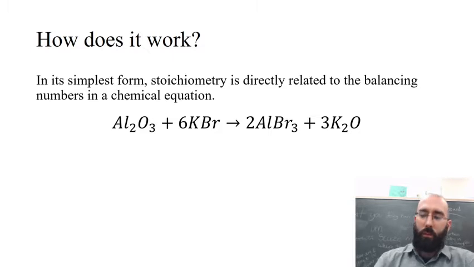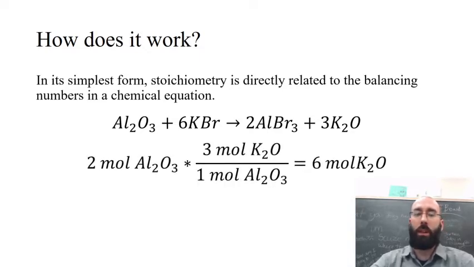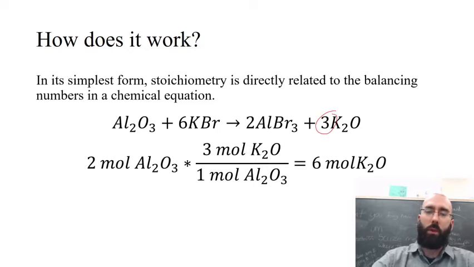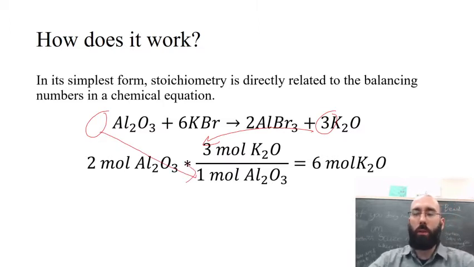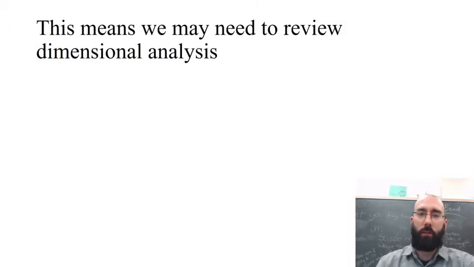So now it's going to allow us to say if we have a certain number of moles of aluminum oxide, say we have 2, we can use the information in this equation, our 3 moles of potassium oxide and our 1 mole of aluminum oxide, to figure out how many moles of potassium oxide we can make. Of course, we see pretty simple math. We can make 6 moles of potassium oxide. This is exactly how stoichiometry works.